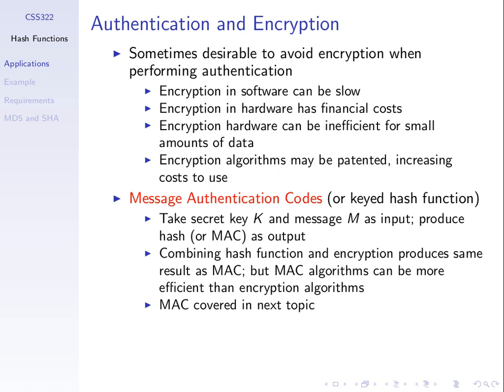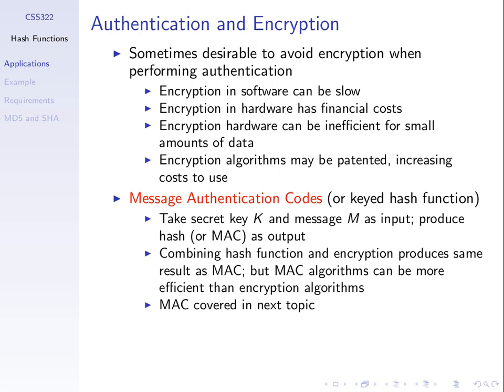Another approach for authentication without using encryption algorithms is what's called message authentication codes, a MAC. It's similar to hash functions, except we have a key. Our hash function takes some input and produces a hash value.